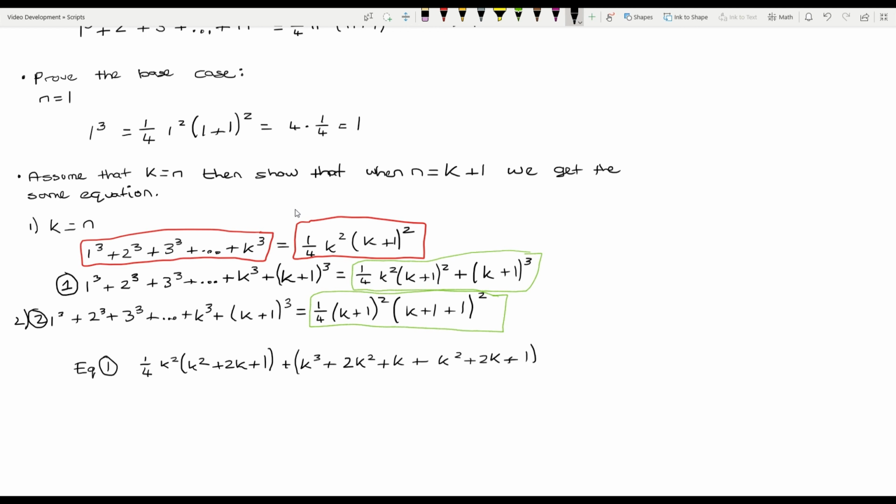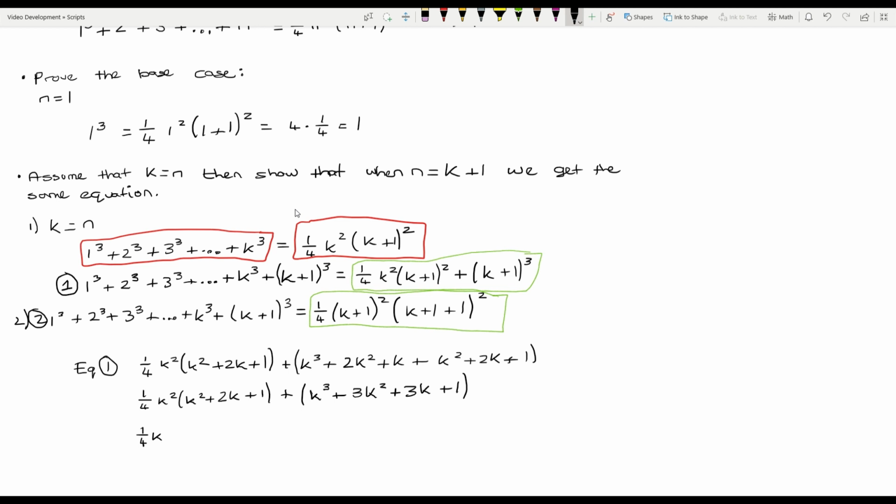And now if we simplify that, we get a quarter of k squared (k squared plus 2k plus 1) plus k cubed plus 3k squared plus 3k plus 1. Now we want to join both this side and this side together. So the way that we do that is we expand the brackets, so we get k squared times each of the terms within these brackets.